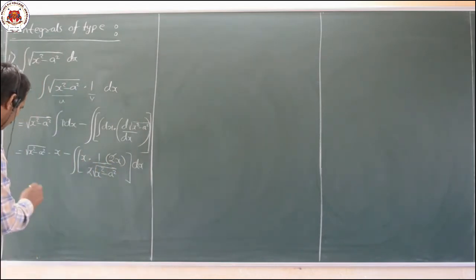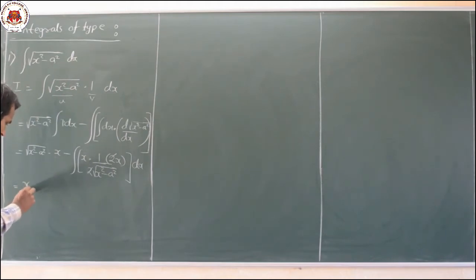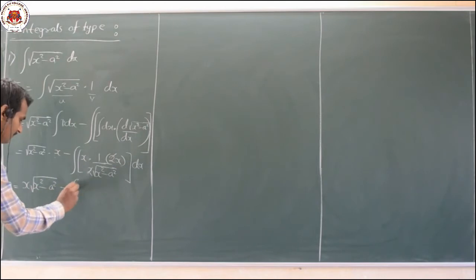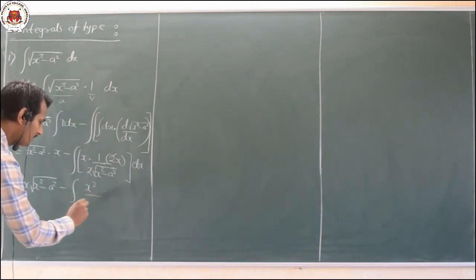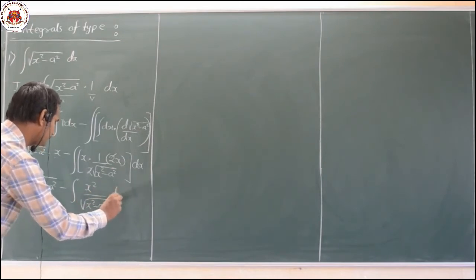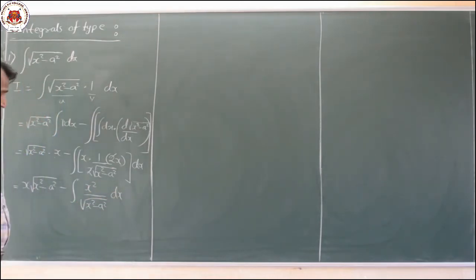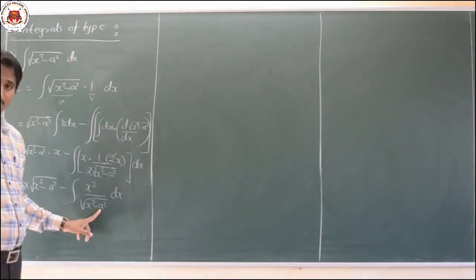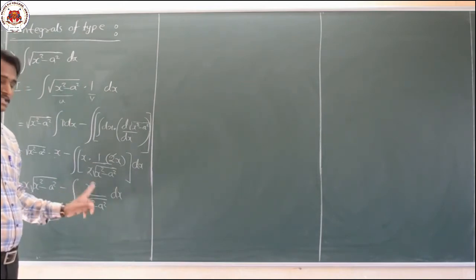So now I will write it systematically: x into root of x square minus a square, minus integration of x square divided by root of x square minus a square into dx. Since we have minus a square in the denominator, I will add and subtract a square here.